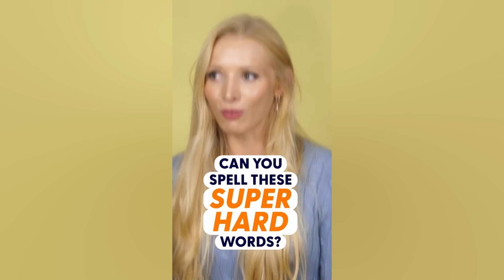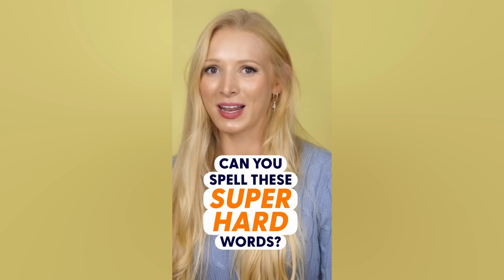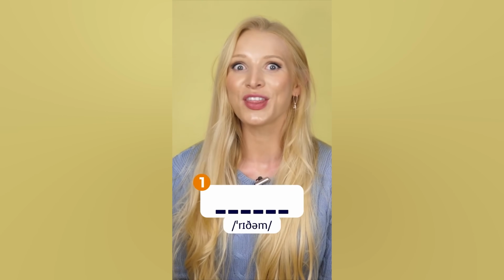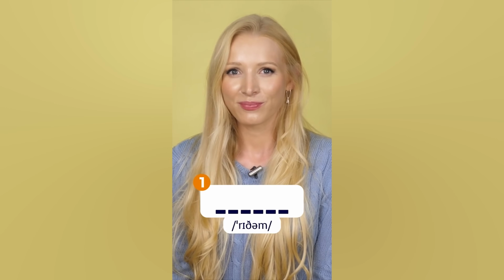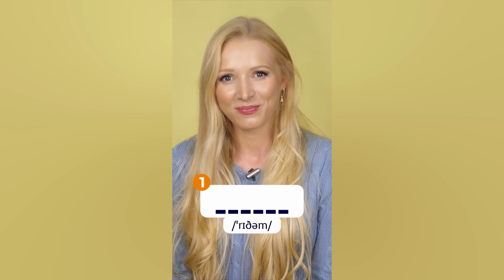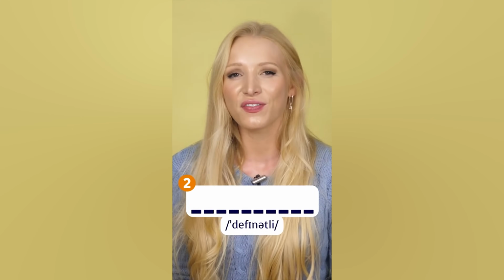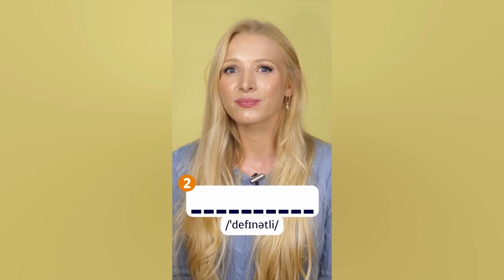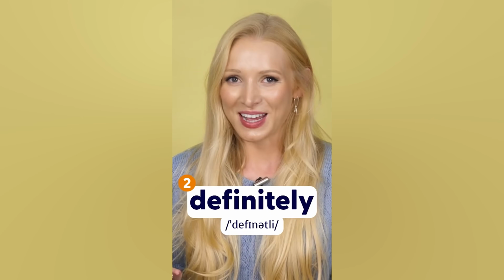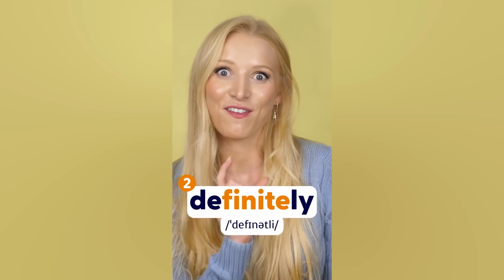These words are really hard to spell. Can you do it? I'll say the word, you spell it out for me. Ready? Rhythm, rhythm. No vowels in this one. Perfect hangman word. Definitely, definitely. I was taught it contains the word finite.